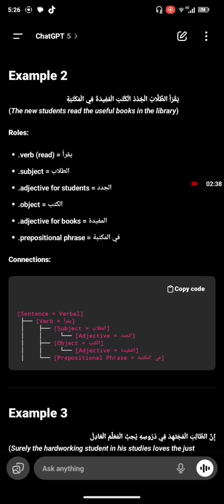And then the adjective is mufidu, which connects to the object. And then you've got the prepositional phrase at the end. And you can see how everything connects pretty much to the verb at the start. And you could start putting together sentences. Okay, where's the verb?